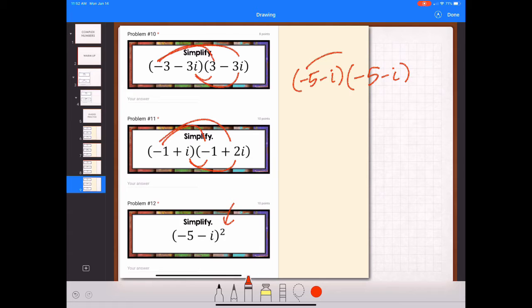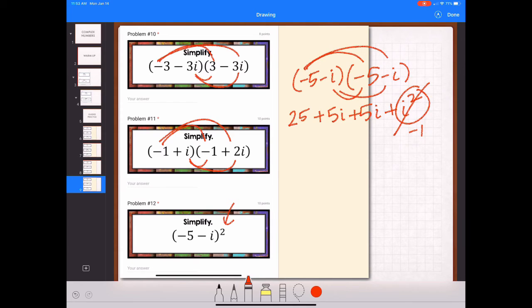So now distribute 25, distribute positive 5i, distribute again, positive 5i, and one more time. Positive i times i is i squared. Replace that with negative 1. Combine the real. 25 minus 1 is 24. And combine the imaginary, that's plus 10i.